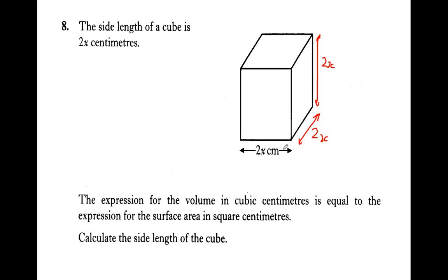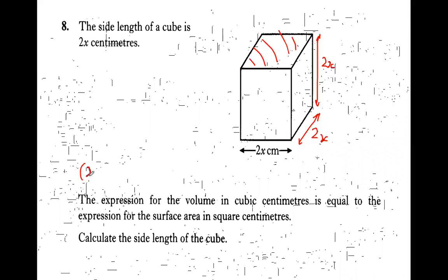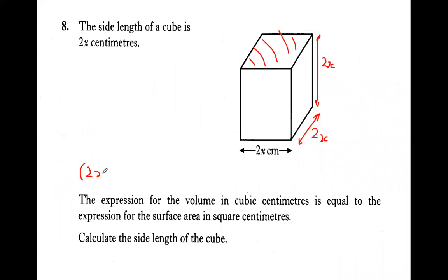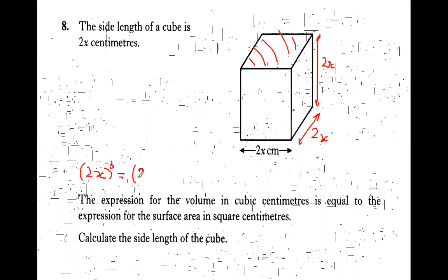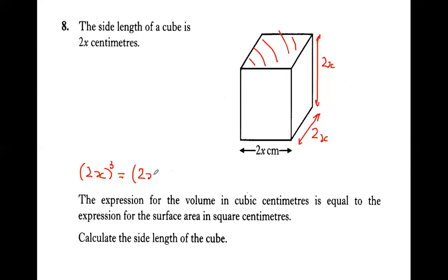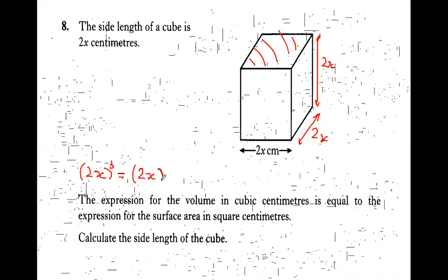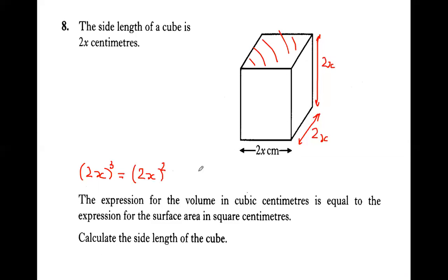So what's the surface area? That is 2x by 2x. So basically what they're telling us here is 2x cubed equals 2x squared. Do you agree? Volume equals.